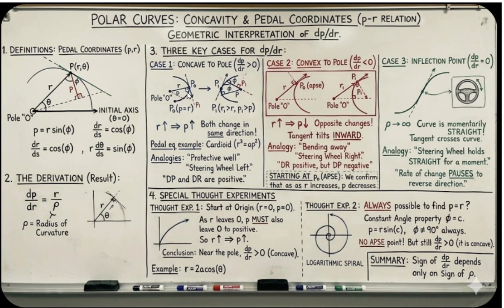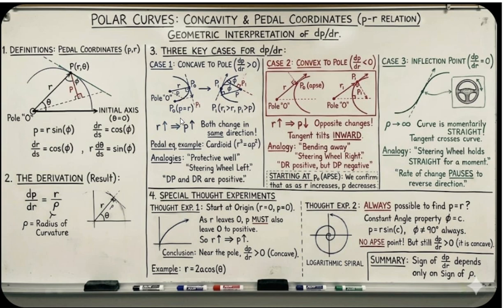We choose such a point to understand how, in a concave curve, the derivative dp by dr is greater than 0, where the tangent is perpendicular to the radius vector.